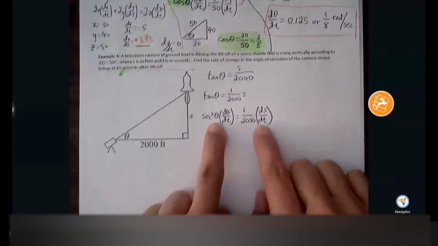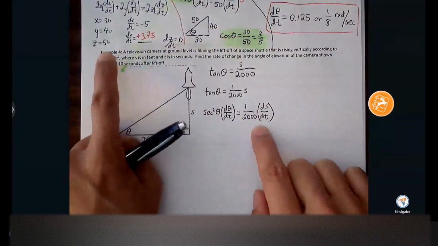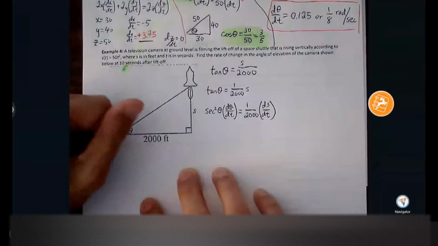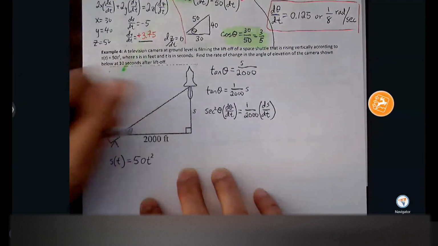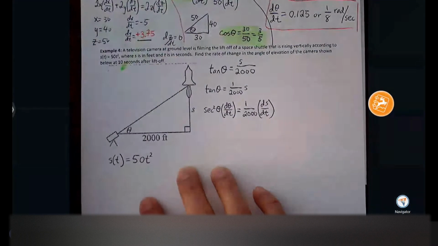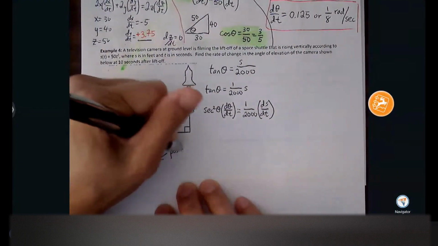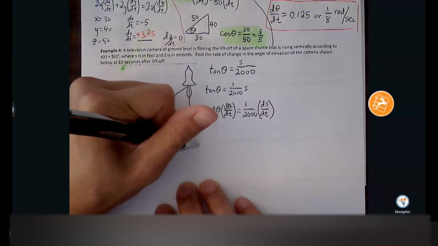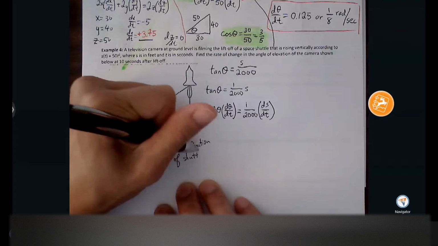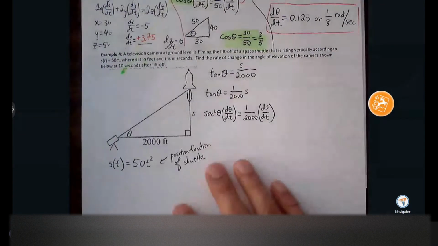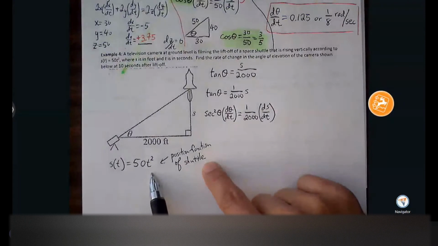Okay, so we're going to pause from this equation for a moment. We're going to gather some information that we need. So based off of this S of t, this is the position function that tells us the height of the shuttle at any moment in time. So what's the moment in time that we're concerned with here?